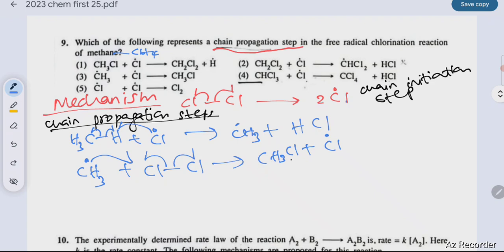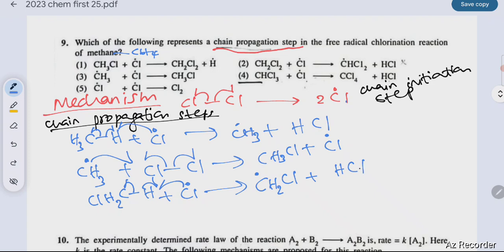Now we have ClCH3. So we have to consider another CH bond. When we consider this again, what should react with the CH bond? The chlorine radical, right? This one. So this comes with this, and this forms CH2Cl dot plus HCl, right?